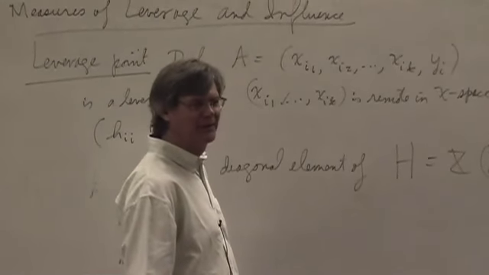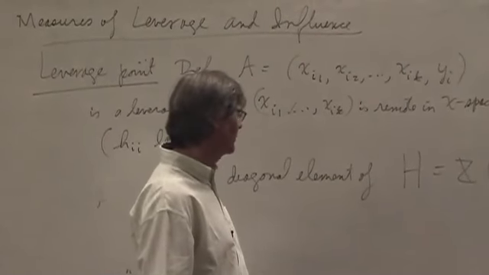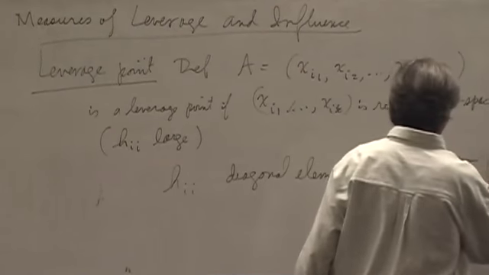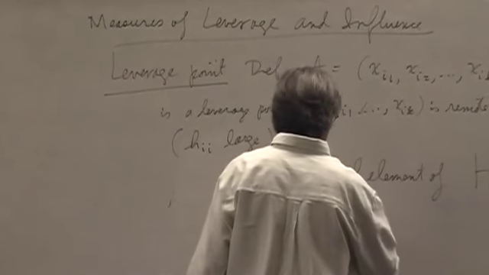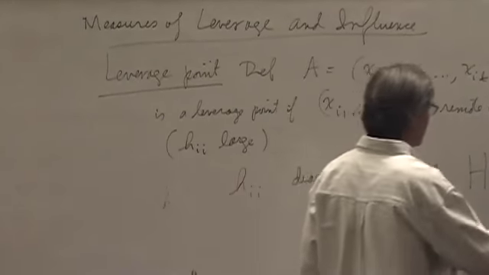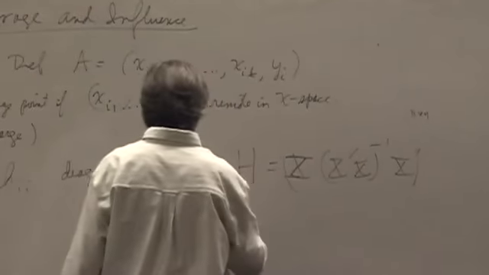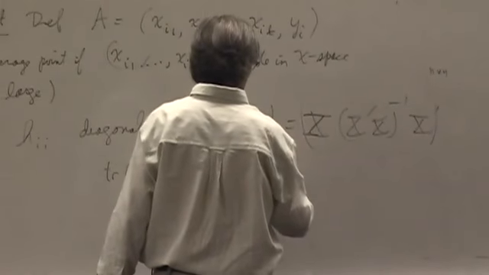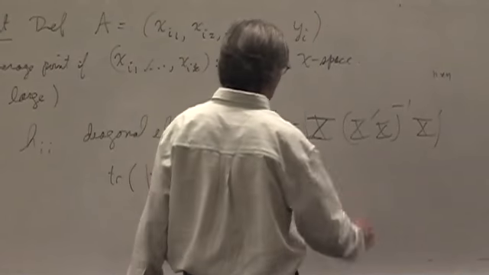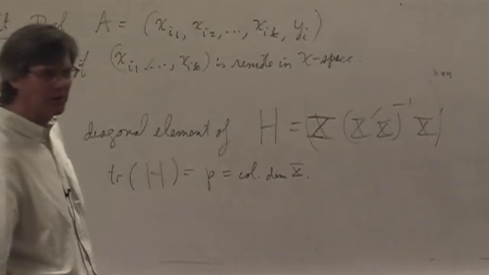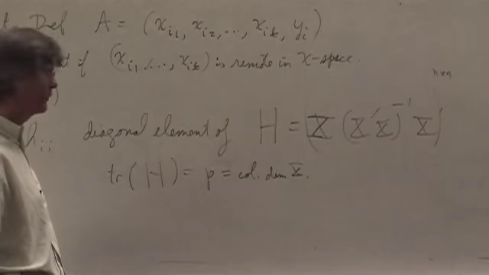There's enough power to do it with Excel. Someone has the power, as Joe said. And what we know is that the trace of this H matrix, which is an n by n matrix, is P, the column dimension of X. We're assuming that X had full column dimension, so that X prime X would be invertible in the first place.